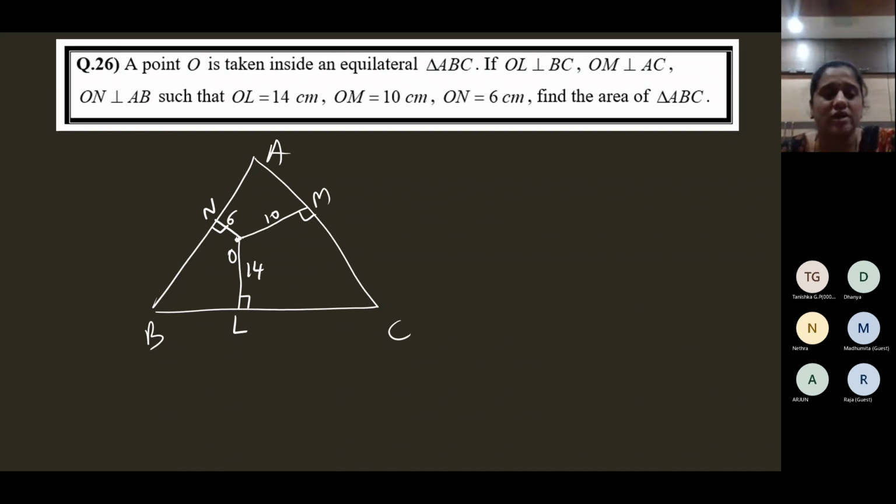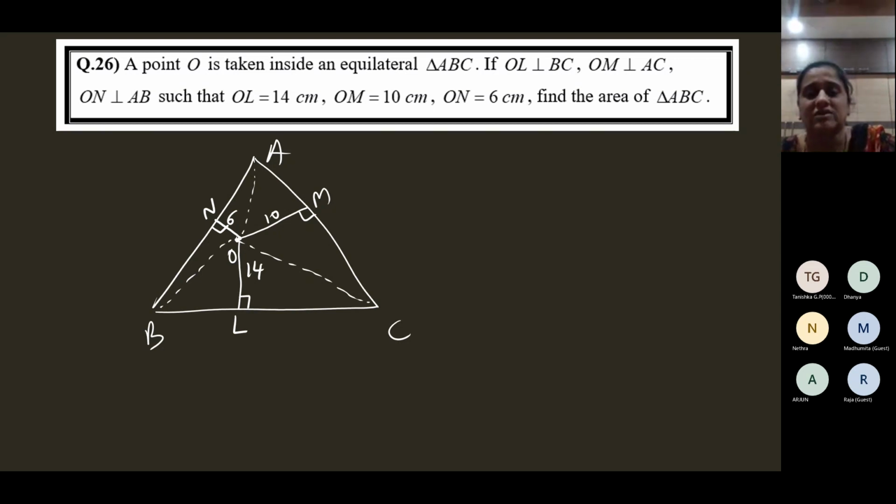What you have to do is join OA, OB, and OC. Is that fine, children? That is, join the point O to the vertices of the triangle. Yes, ma'am. Now, can you see the triangle AOB?